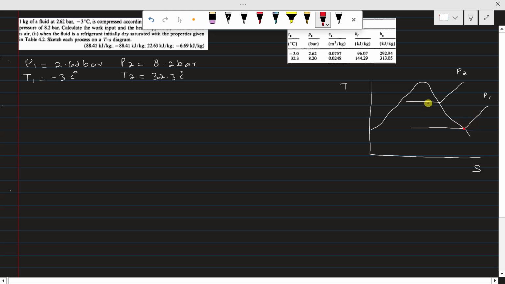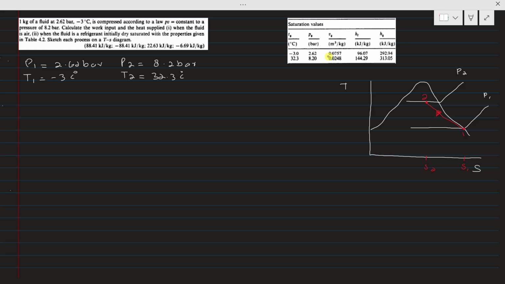After that, compression takes place and it reaches the pressure P2 from process 1 to 2. During this compression, its entropy changes. The entropy at this point is S1 and the entropy at this point is S2.